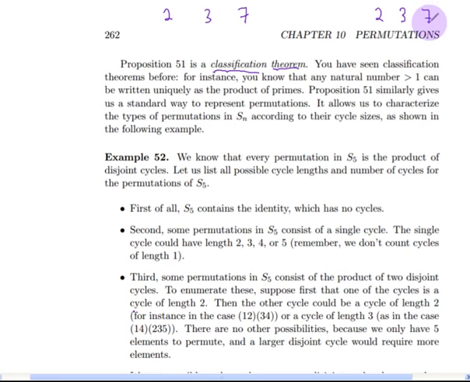For instance, the permutation (1 2)(3 6 7) is in some sense the same thing as the permutation (1 2)(3 6 7) on other elements. They're going to act the same. Of course, if you multiply these together, you get something strange. But if you just consider the behavior of this one permutation, the behavior is going to be very much like the behavior of this permutation.